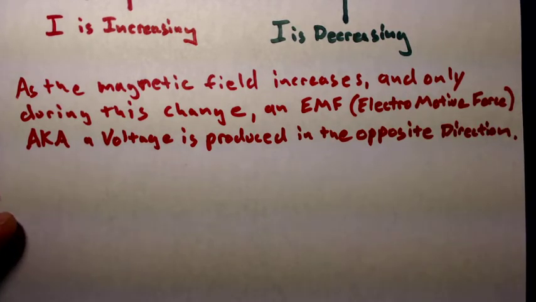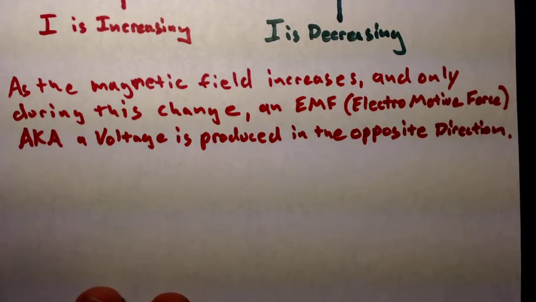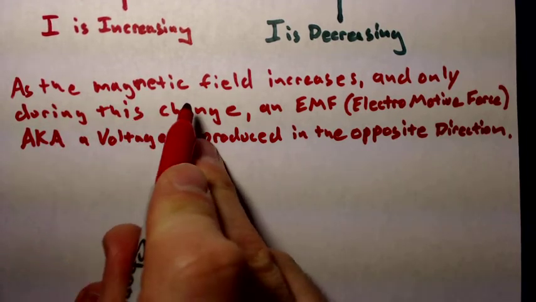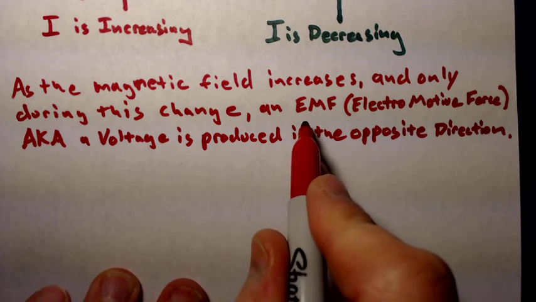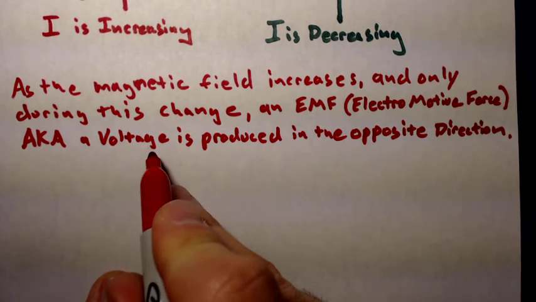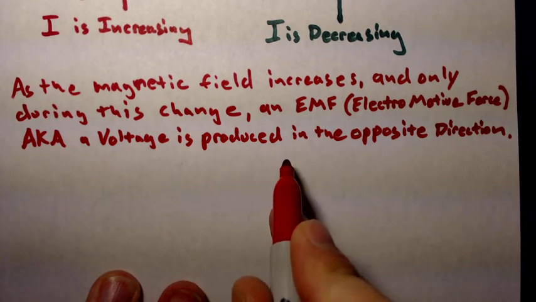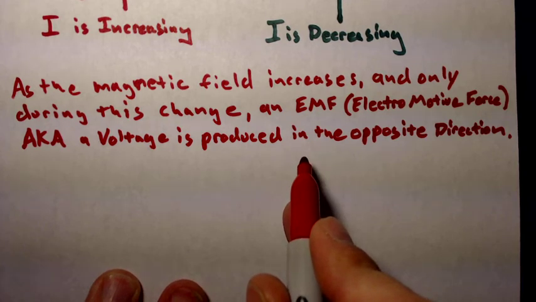Okay, this is subtle, so please pay attention here. As the magnetic field increases, and only during this change, an EMF, a voltage, is produced in the opposite direction.